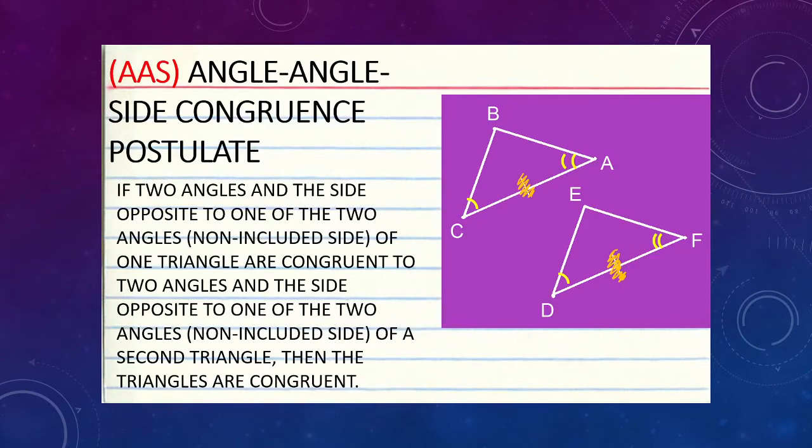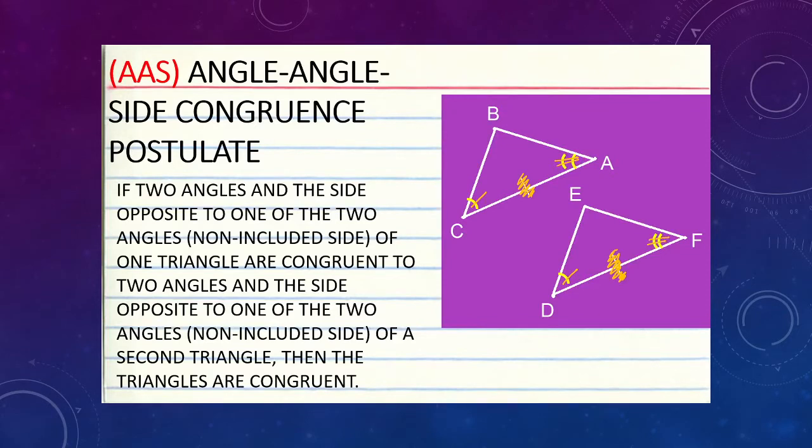If two angles and the side opposite to one of the two angles, meaning the non-included side, of one triangle are congruent to two angles. So you have noticed it now. This angle is congruent to this angle. Angle A is congruent to angle F.